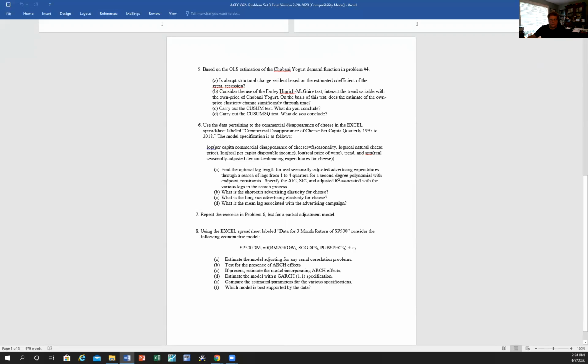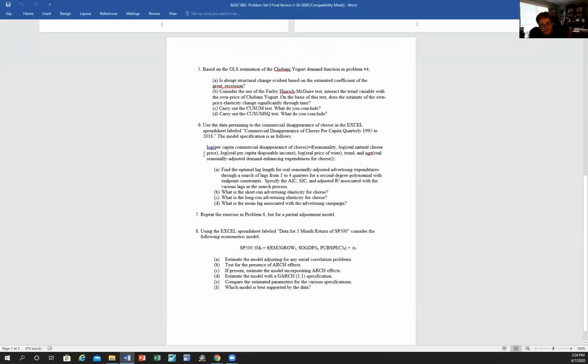On question 6, though, we had a couple of issues. Number one, if you'll look at the setup for this, seasonality, putting in quarterly dummy variables, the real price of natural cheese, which is the price of natural cheese divided by the CPI.